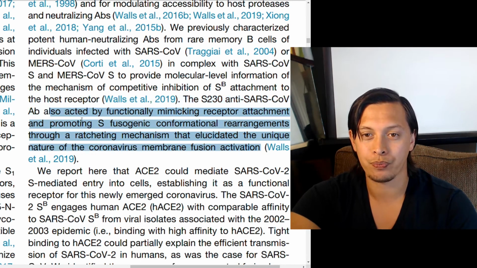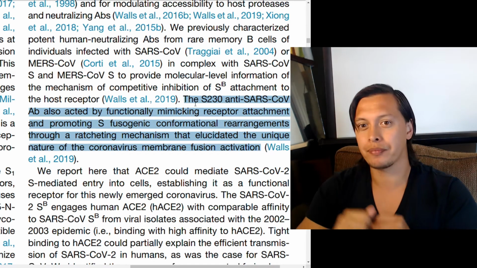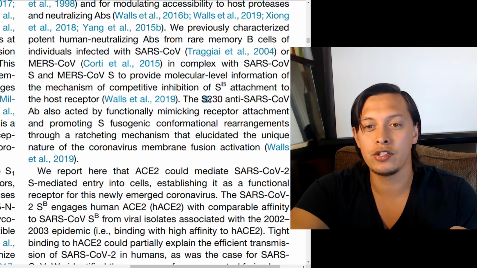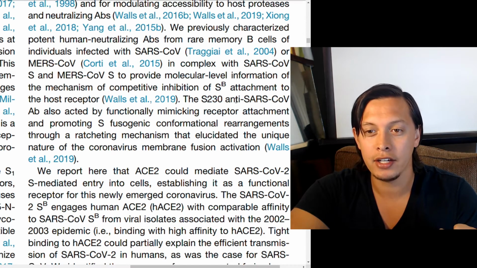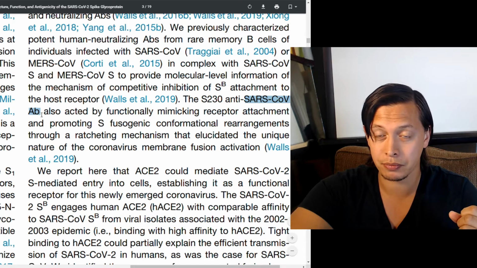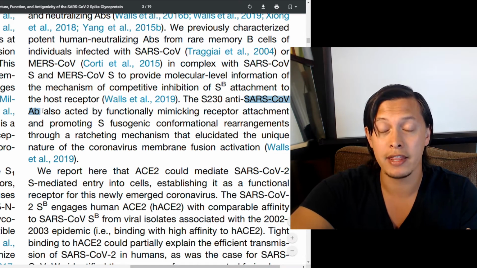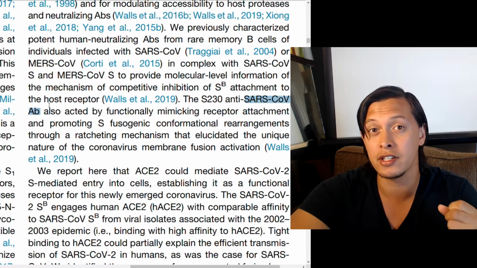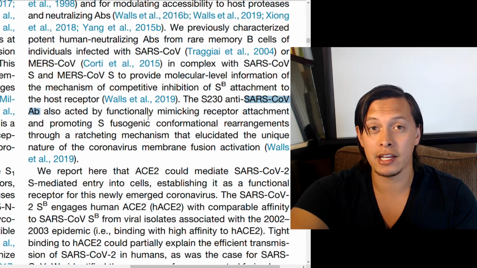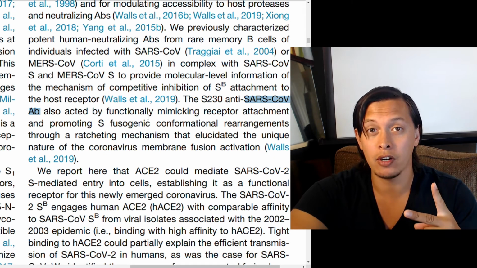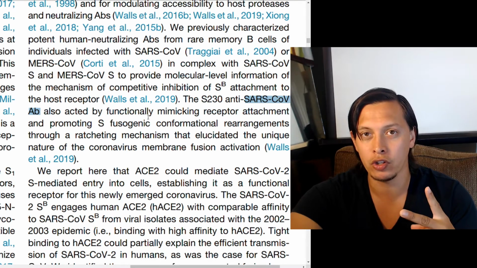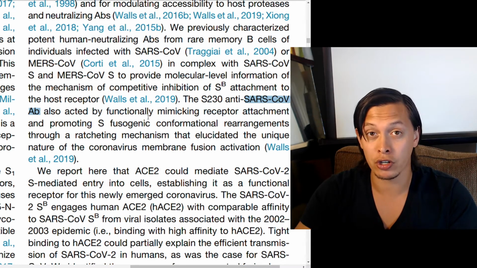So stepping back, this basically means that this S230 anti-SARS coronavirus antibody, an antibody that was functioning against the original SARS outbreak, mimicked the original ACE2 receptor to a degree.